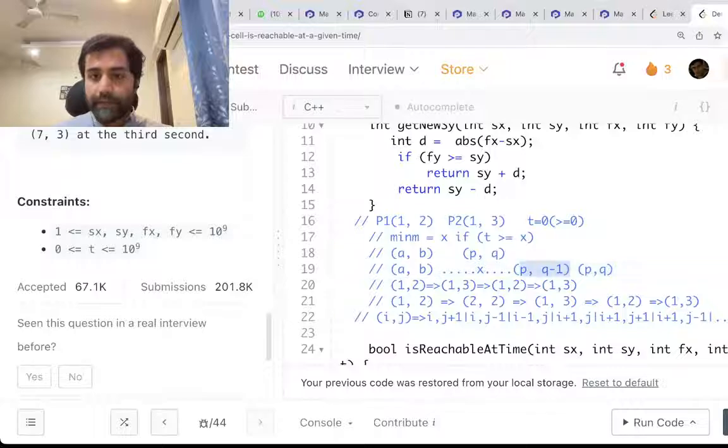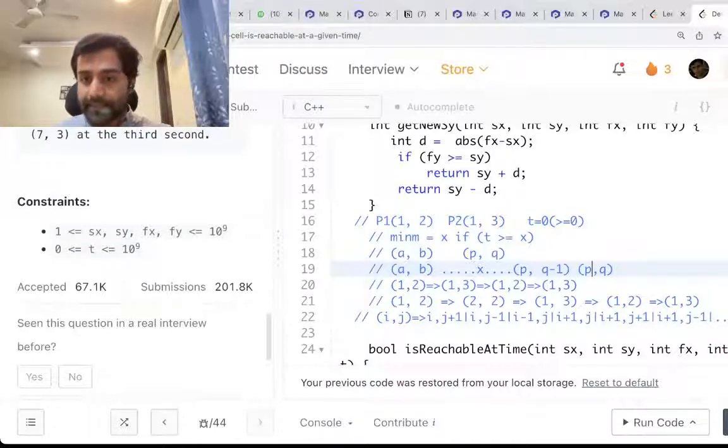Now once you are here, instead of directly going from here to here, you can probably go up and then come down diagonally, or you can go down and come like this diagonally. So x minus 1 steps still here, and then 1 step to go up, which makes it x, and 1 step to come down like that, which makes it x plus 1. So it is always possible to reach in x plus 1 steps also.